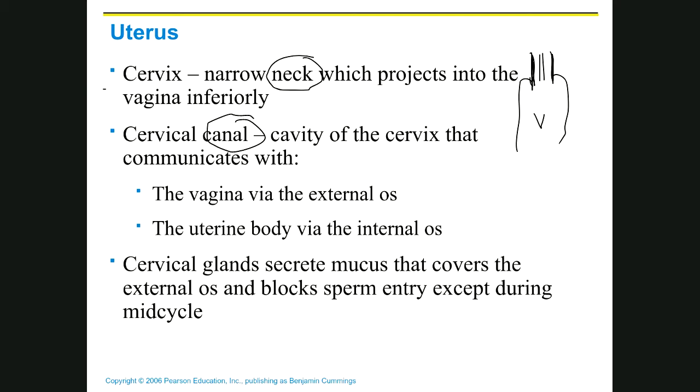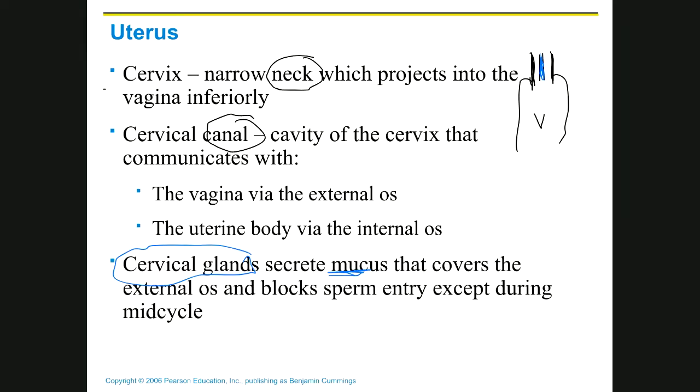Well, that tube is normally plugged up with mucus, so nothing can go either direction. There's a whole lot of glands that secrete this mucus. And what it does is it blocks this cervical canal.